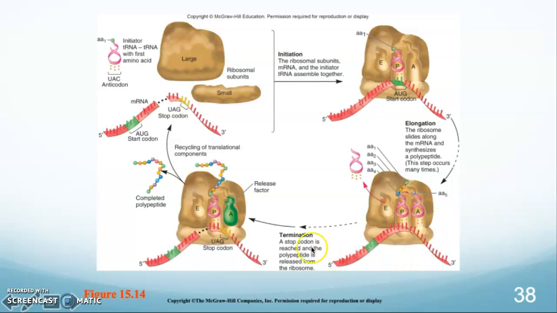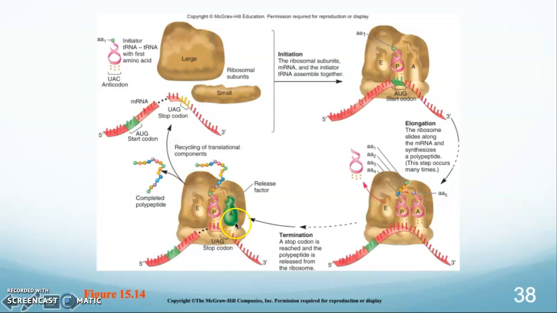This actually then will be terminated as this is being fed through, being read from the 5' towards the 3' direction. Eventually we will get a stop codon that will come through. At the point of the stop codon here that comes through, it does not have a charged tRNA that has an anticodon to that. What we have is a release factor that will move in.